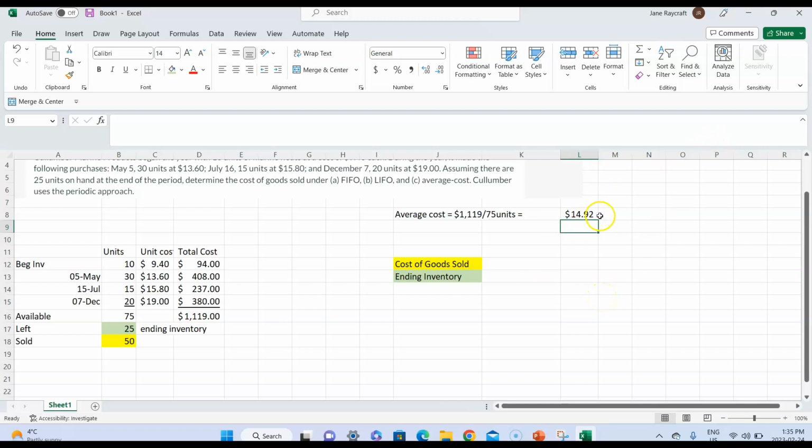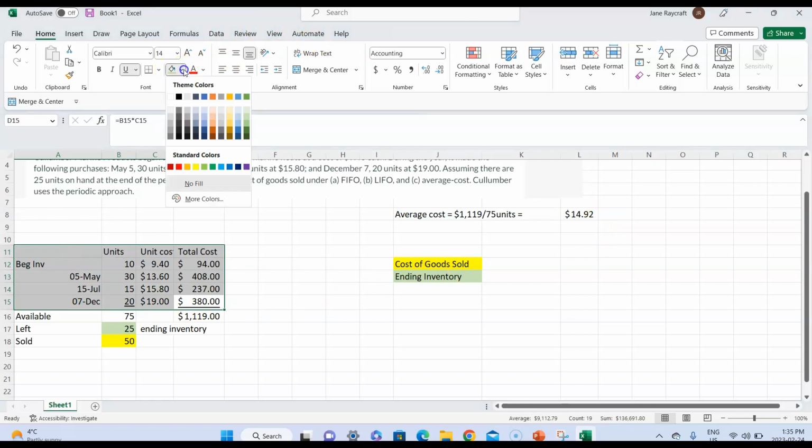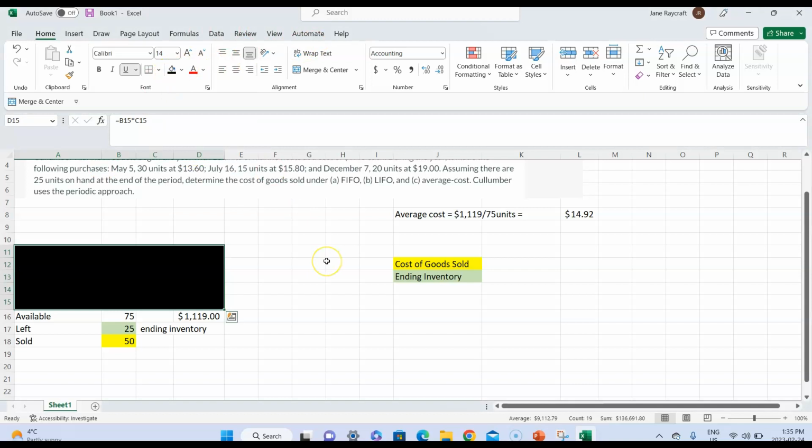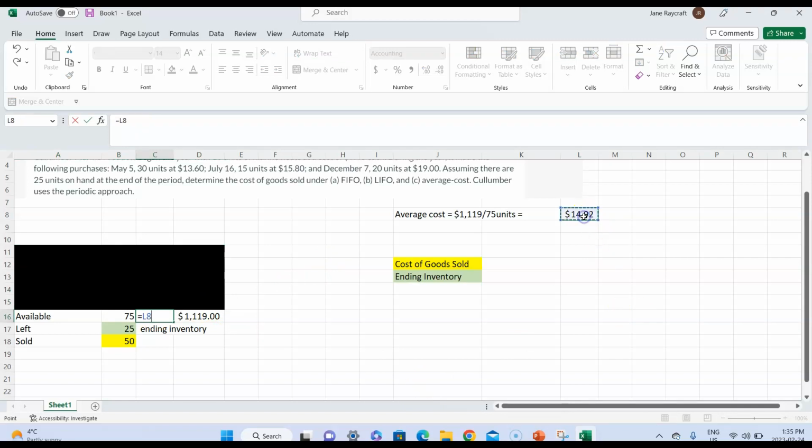And now, as far as I'm concerned, I don't care about any of this, not even the slightest bit. As far as I'm concerned, those 75 units cost me $14.92. That's all I care about.